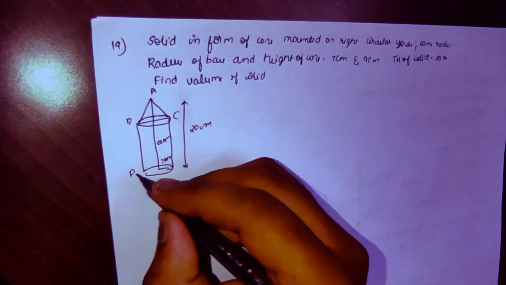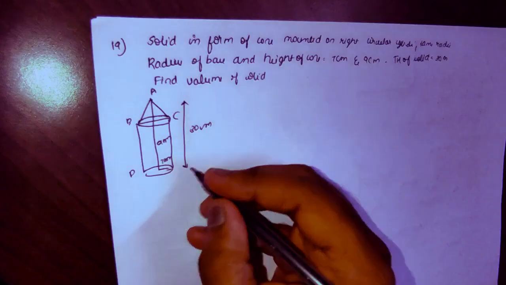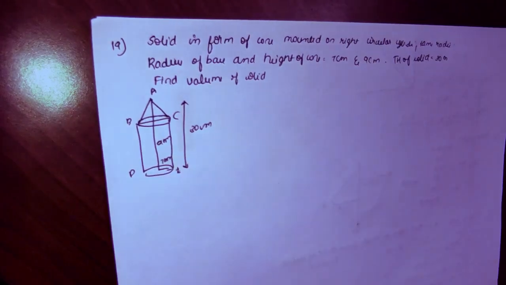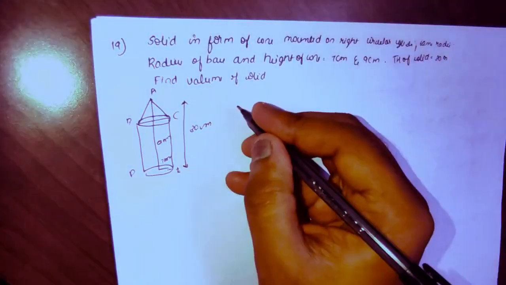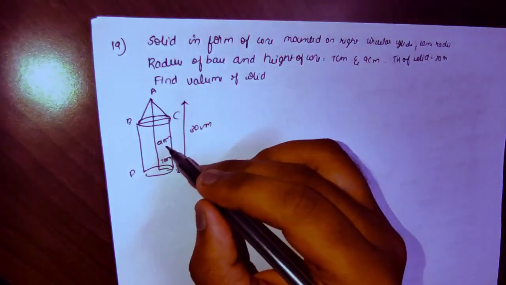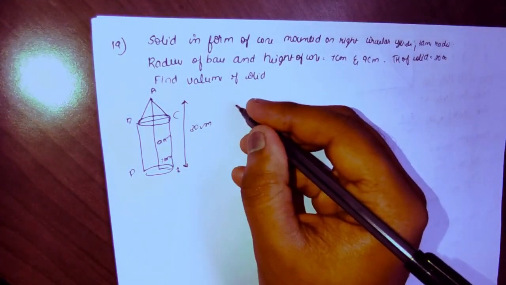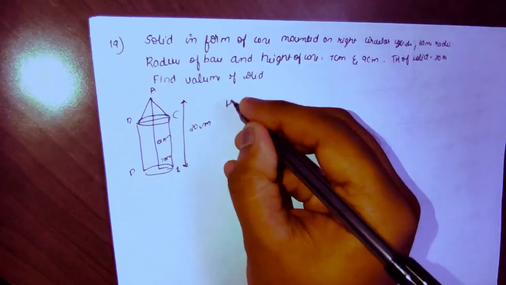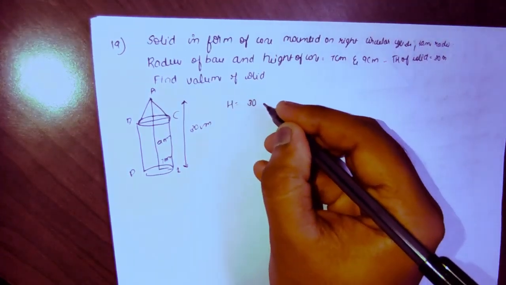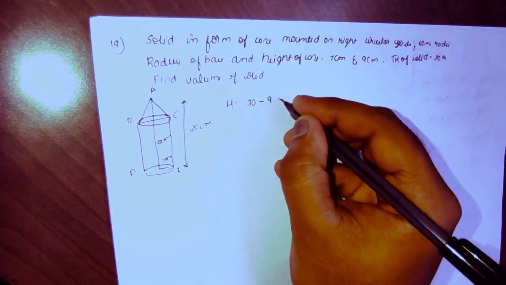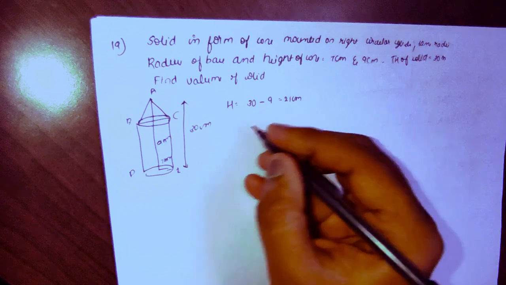Consider this as ABC, and this is D and E. The height of the cylinder H is equal to total height 30 minus 9 cm, that is equal to 21 cm.